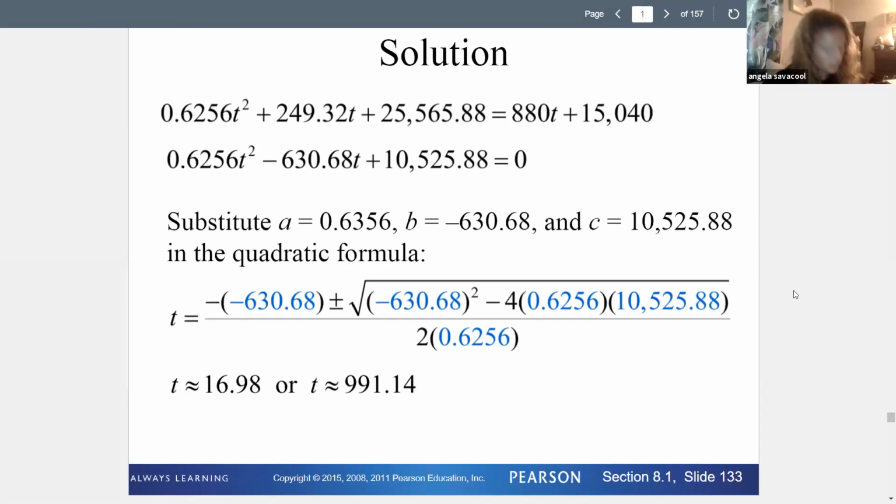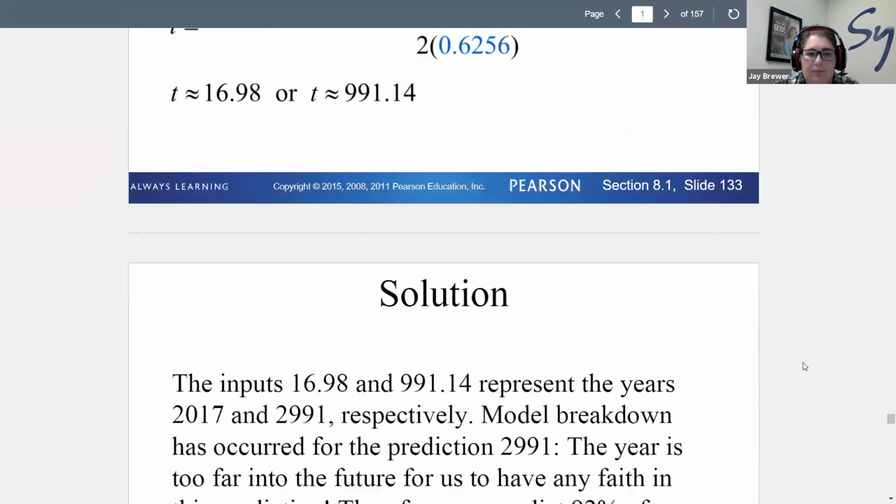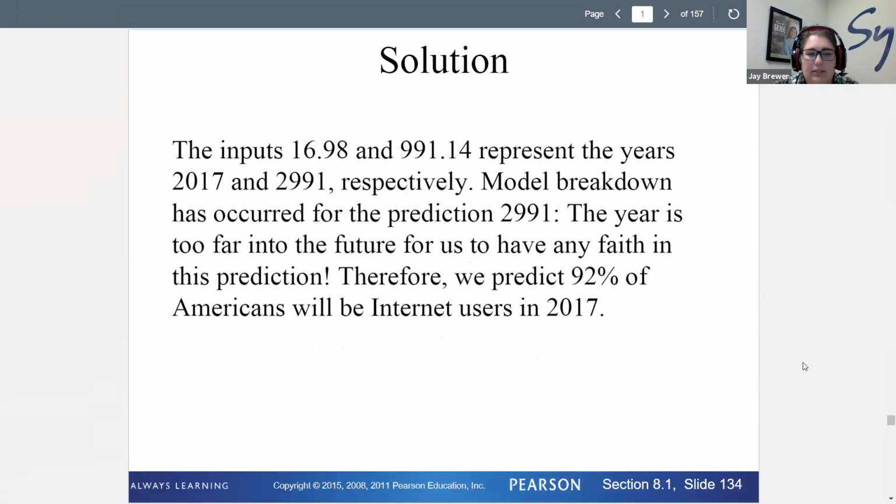Those are the years since 2000. Yep. I didn't figure out what the years would be, but very good. So they're actually 2017 and 2991.